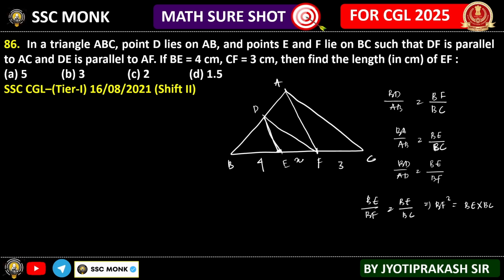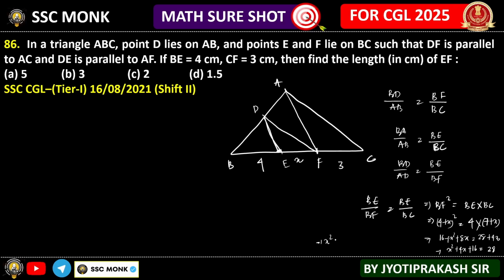Let's say EF is equal to X. So BF is equal to 4 plus X, whole square is equal to BE, 4, into 7 plus X. Or I can write 16 plus X square plus 8X is equal to 28 plus 4X. Or X square plus 4X plus 16 is equal to 28.